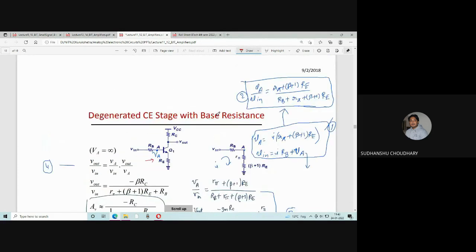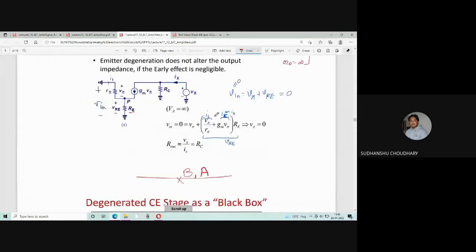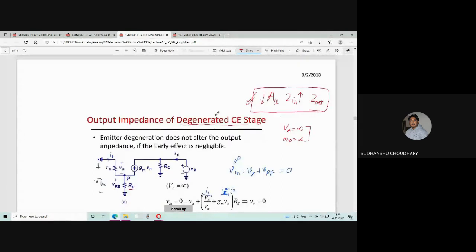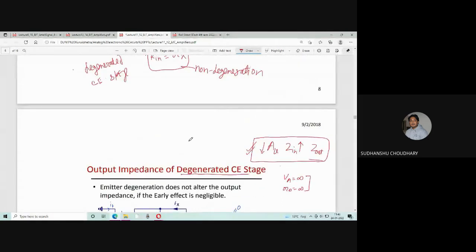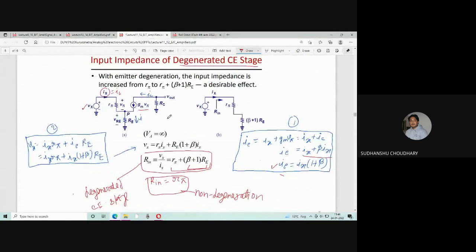So in the previous lecture, we had seen how to calculate the input impedance, and we had commented here that this portion, that is base to emitter part, can be used to calculate Vx by Ix, that is input impedance, which is R pi plus beta plus 1 Re. So this portion which is used for calculating the input impedance can be simplified to this as per this equation.